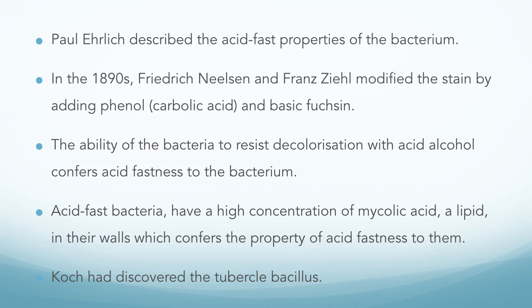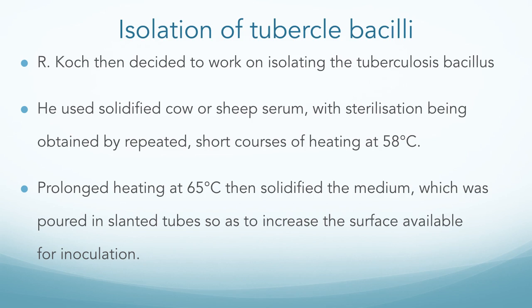So after the discovery of the tubercle bacilli, Robert Koch further tried to isolate and cultivate the bacteria in the laboratory in pure cultures. In order to grow or isolate the bacteria, instead of using liquid broths, he used solid media for growth of the Mycobacterium tuberculosis organism.